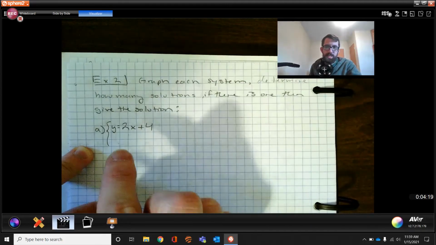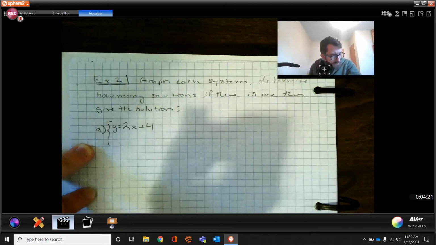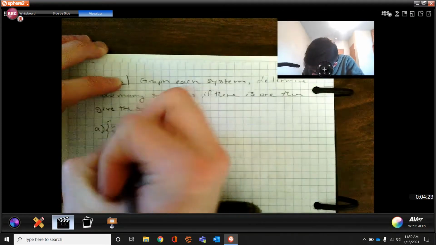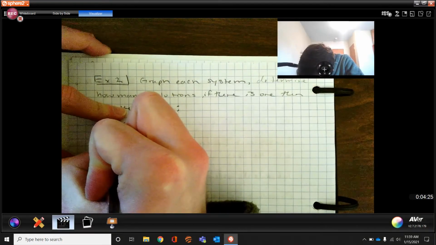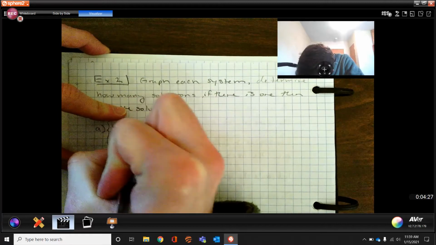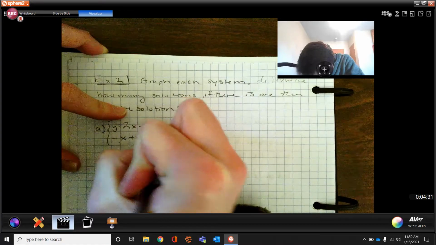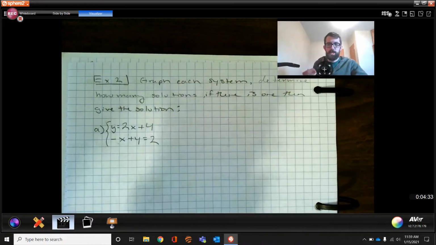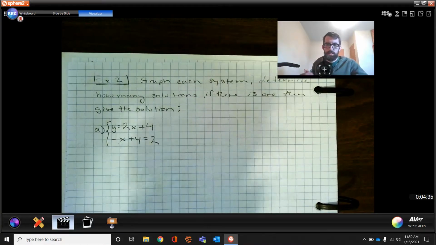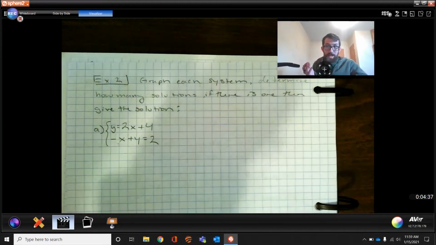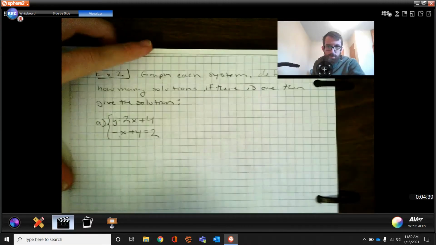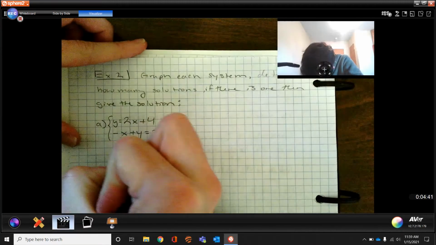We should notice that that is slope-intercept form. And then we have negative x plus y equals 2. So we've got slope-intercept and standard form. So let's go ahead and graph this. That will always be that first step in these problems.